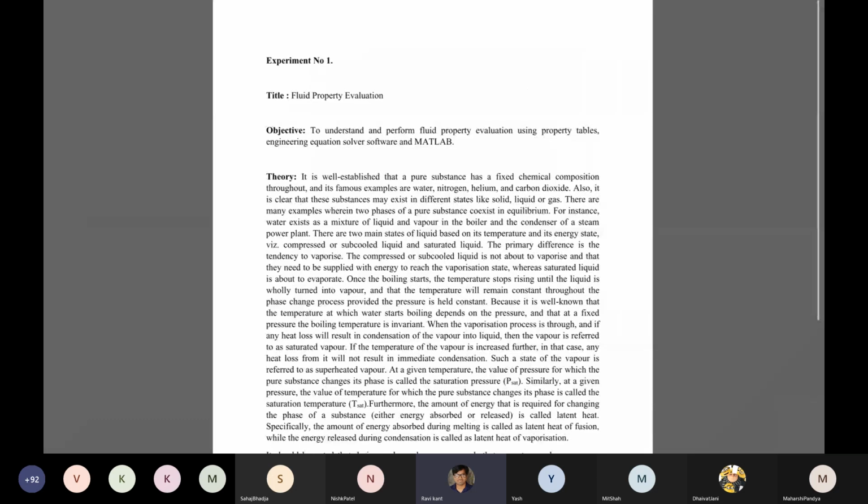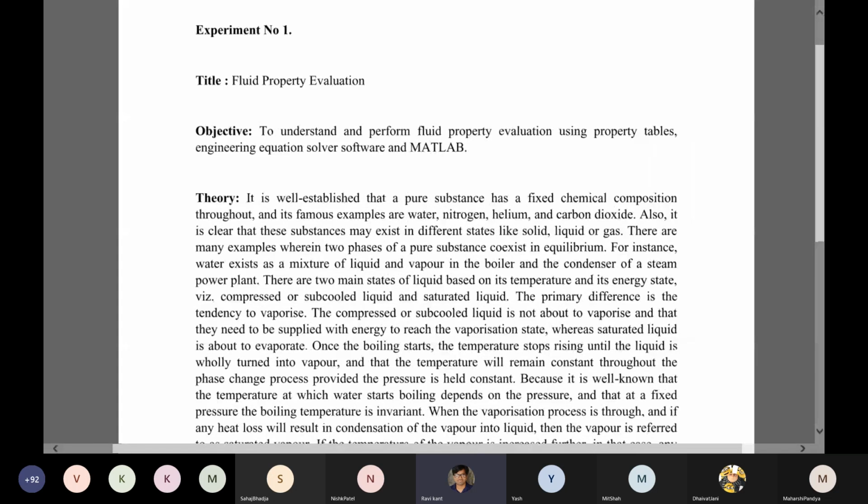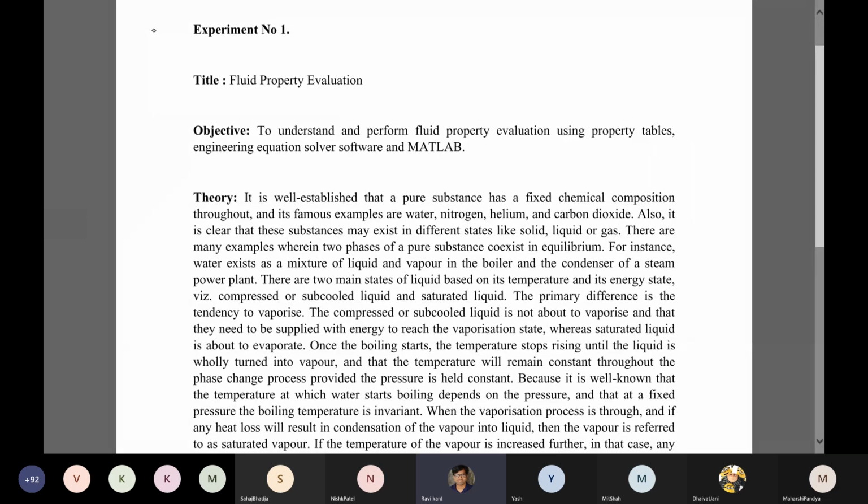So we are going to talk about today's experiment, that is experiment number 1. The title of this experiment is to analyze fluid properties, in a more precise sense, thermodynamic properties.